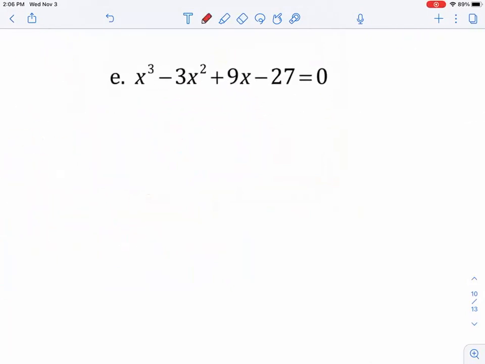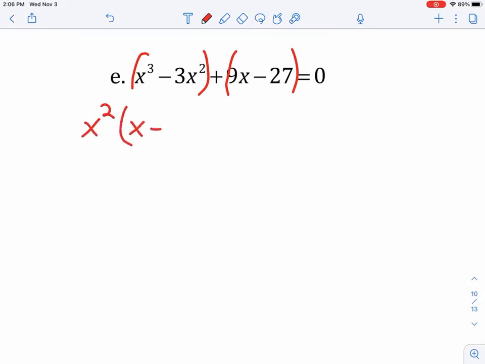Let's factor part E here. So when we have 4 terms, we can do factoring by grouping: the first 2 together and the next 2 together, and taking out a GCF. So when I take out a common factor of the first 2, I get x squared times x minus 3. Okay, so I took an x squared out of those first 2 terms.